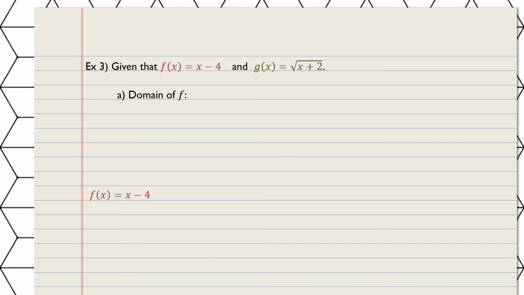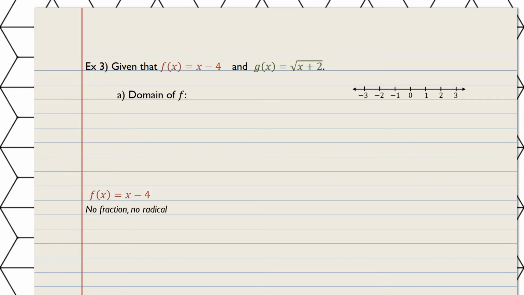Now, because domain is introduced, we only have to remember two key issues. Do we have a fraction? No. Do we have a radical? No. So since there is no fraction, no radical, we have nothing to be worried about. So to write our domain, we want to see what's really happening, so we look at the number line.